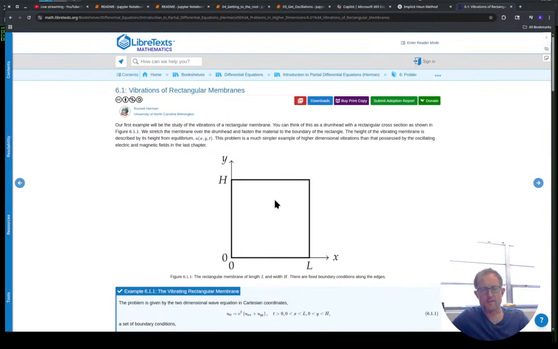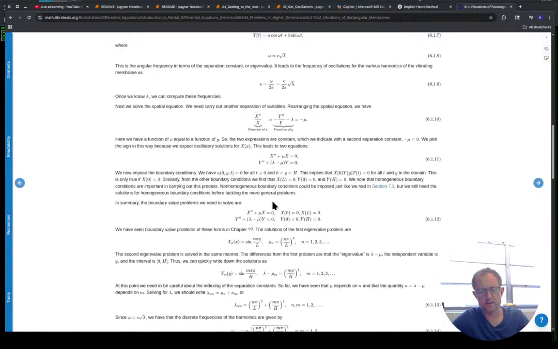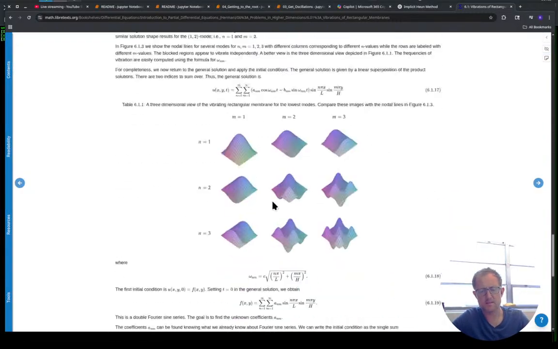So for stuff like differential equations, it happens in heat transfer, in vibrations of solid objects and bodies like this. You know what the boundary conditions are, but you don't know what the derivatives are at those boundary conditions.